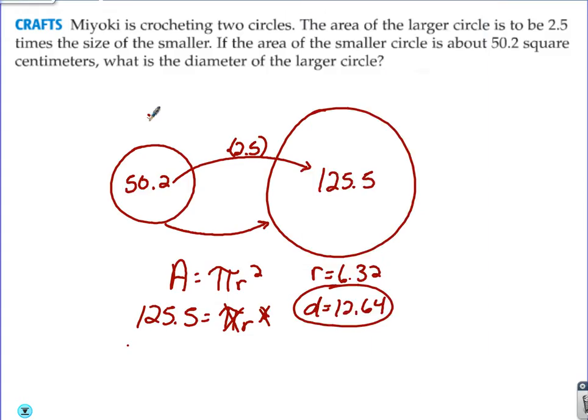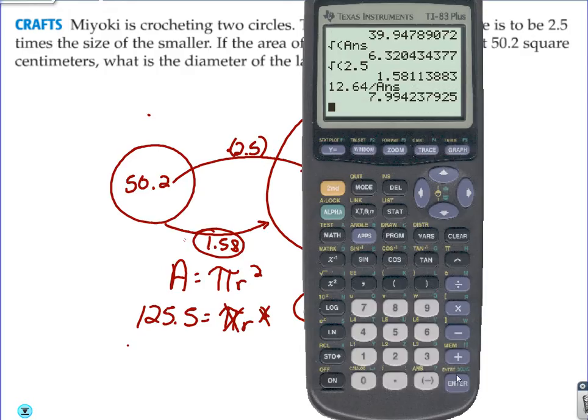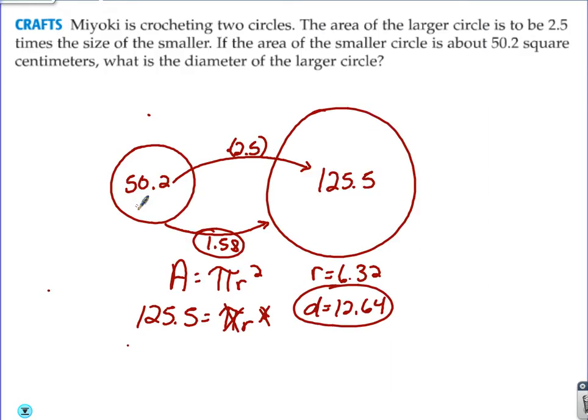So now that you've got the diameter of the larger one, just take that 12.64 and divide it by 1.58, and that should give you the diameter of the small one. So about 7.99, right around 8.